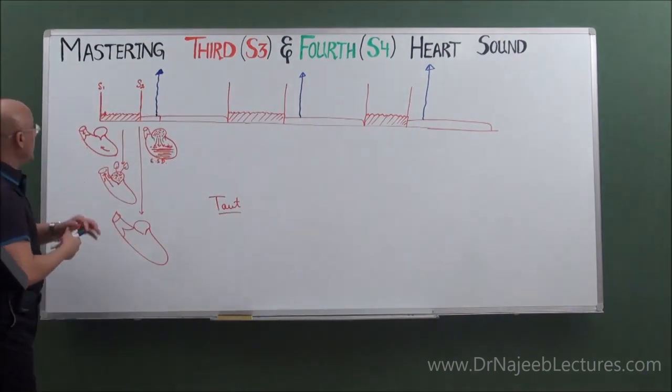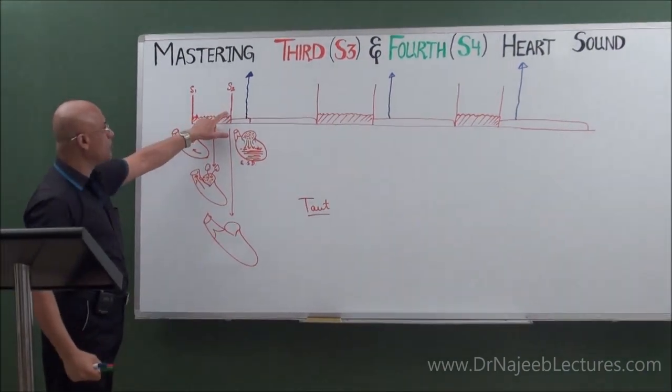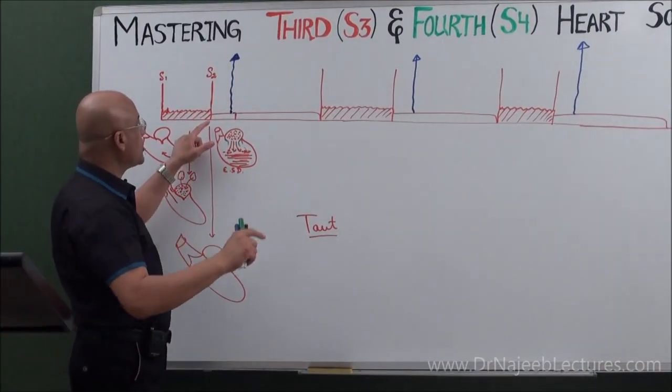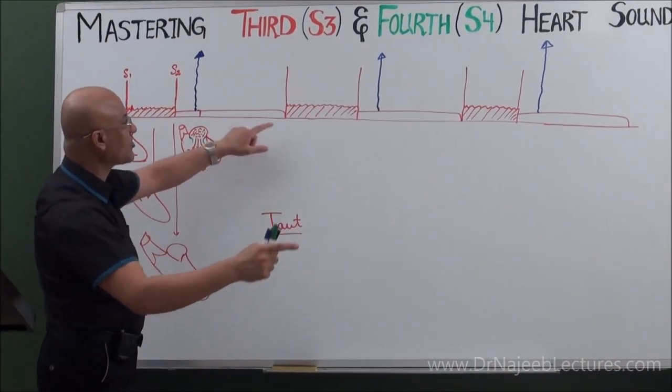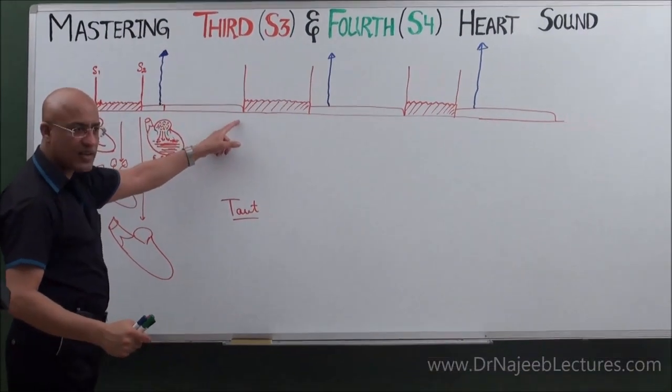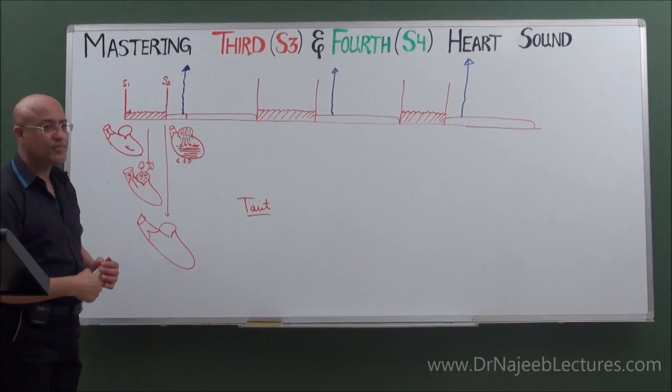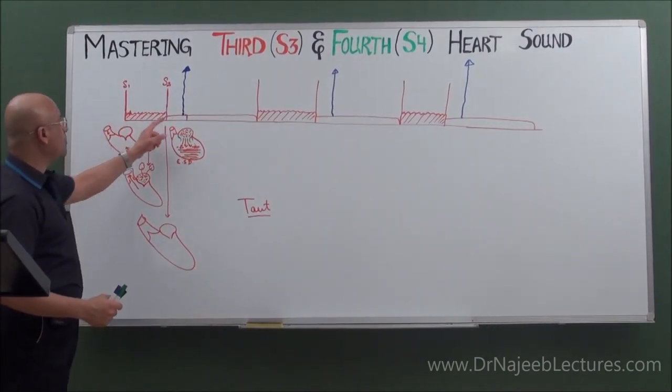And remember, the duration between lub and dub is systole, and the duration from dub to the next lub is diastole. Now if the third heart sound is present, how will it sound to your ears? It will be lub dup ta.